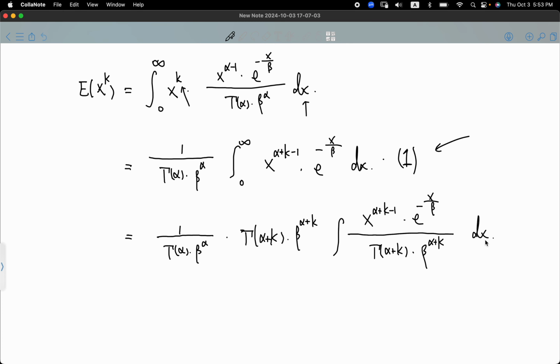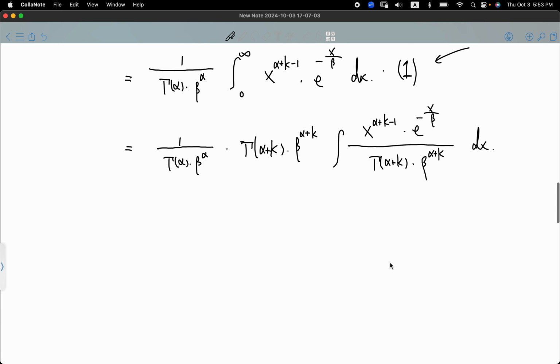This does not alter the quantity, right? Do you agree with that? We essentially just multiply by 1, and we construct this 1 with this expression. You multiply by this gamma function and beta, and then divide by the same thing, so you should not change the quantity.